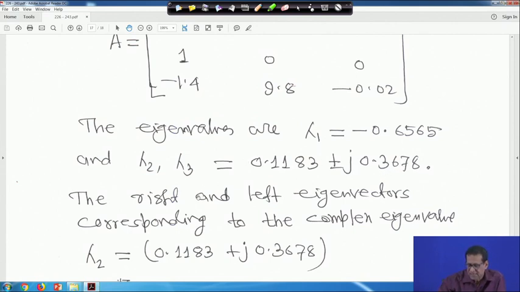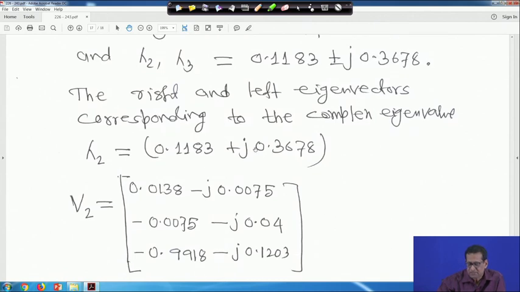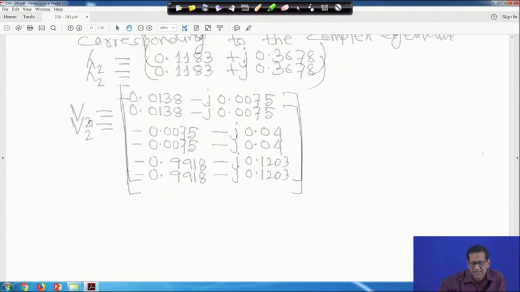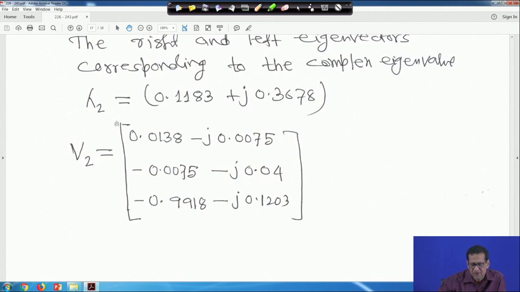Here you find out the right and left eigenvectors corresponding to the complex eigenvalues. Earlier, how to find the right and left eigenvectors has been shown. You proceed in a similar way; here I am just giving you the answer. This is my right eigenvector V2, and the 2 stands for eigenvalue lambda 2, that is 0.1183 plus j 0.3678.